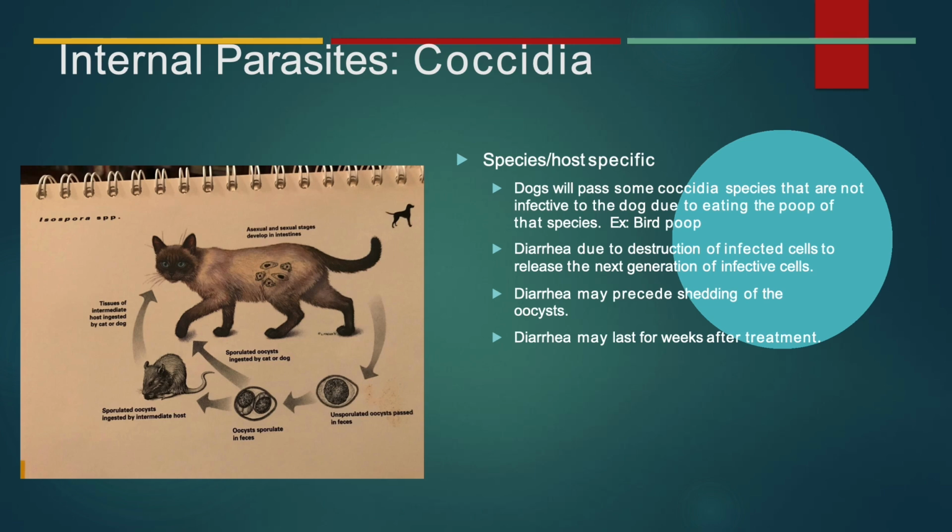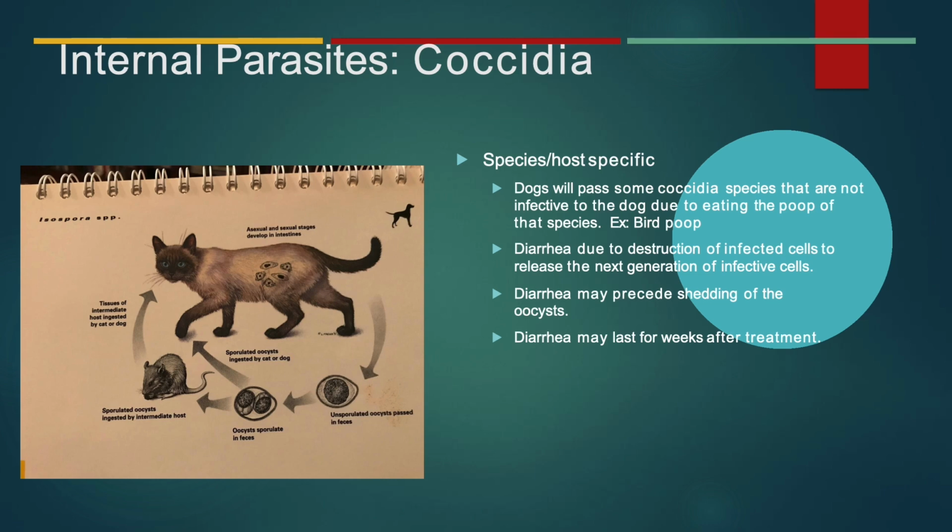So we end up with the lining of the intestinal tract being pretty unhappy with coccidia. That's why the diarrhea sometimes is more severe, especially with tiny kittens or puppies. And the diarrhea lasts a lot longer, including after treatment, because that intestine has to heal after we get rid of them.